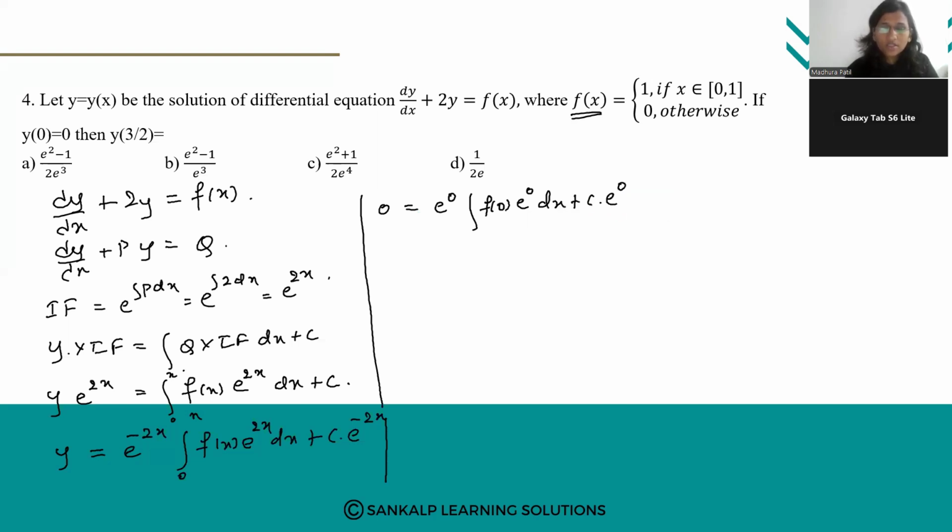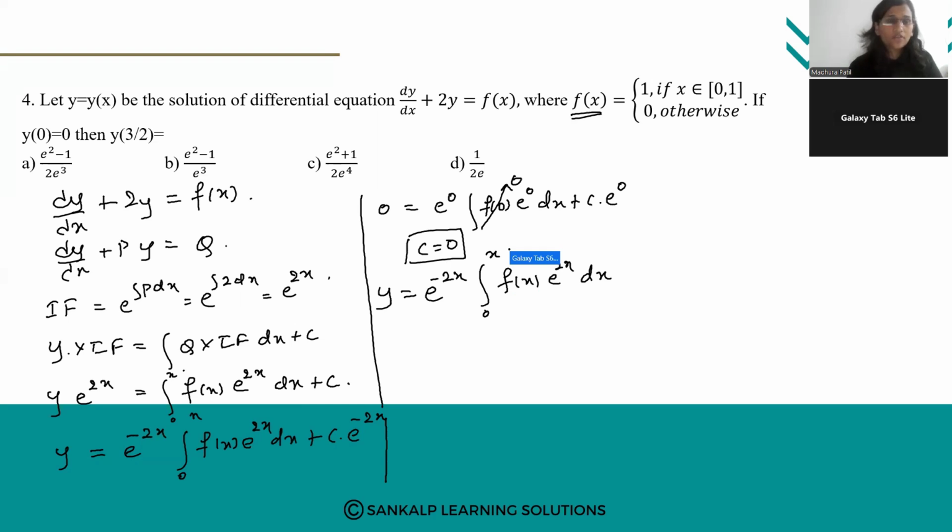Since the integral vanishes, the value of c I will get as 0. So from the general solution, if you substitute, I get y equals e to the power minus 2x times the integral of f of x e to the power 2x dx, c became 0, from 0 to x.